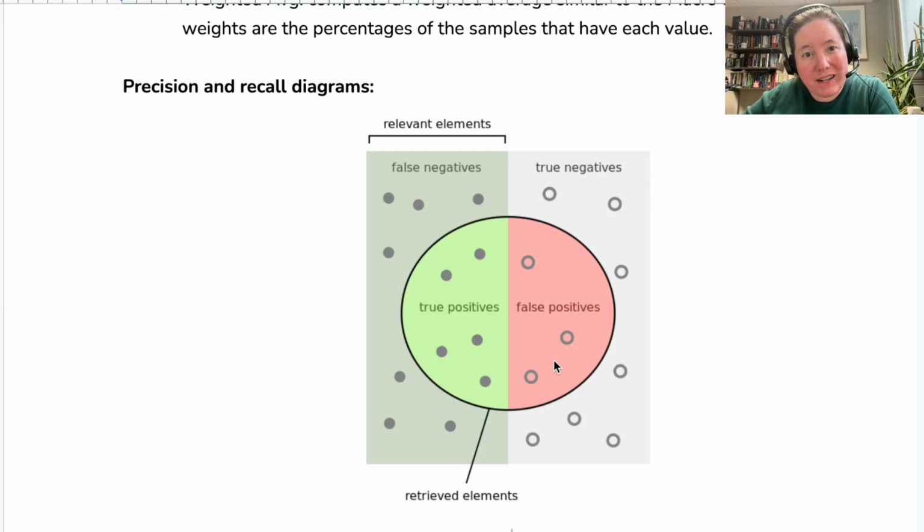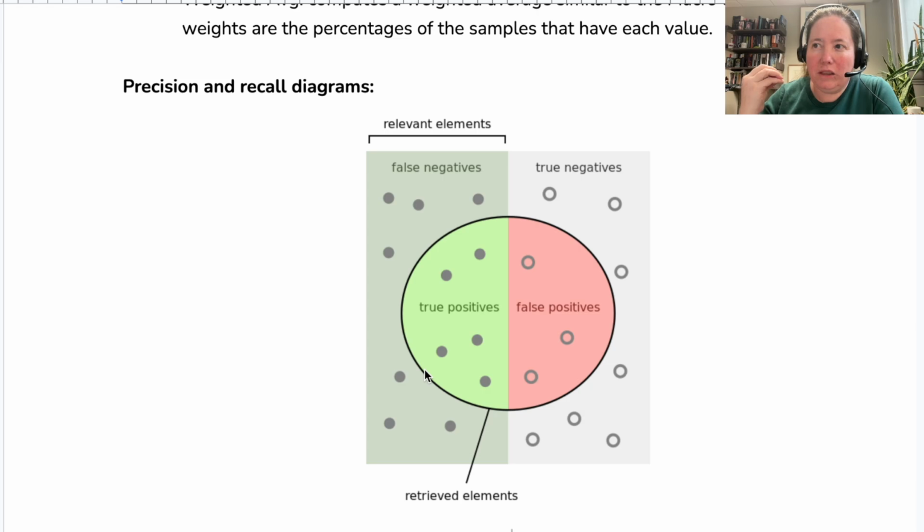They're on the negative side, but it identified them as positive. So another way to view what's going on here is the model said that all the things inside this circle were positive and all the things outside the circle were negative. Okay, I think I've now said all of that correctly.